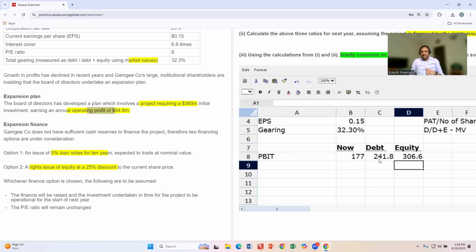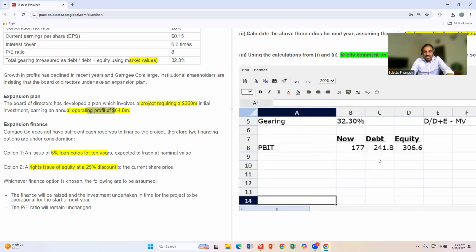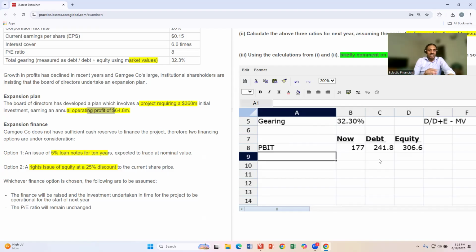It's very simple. Either the debt finance or the equity finance, PBIT will move in the same manner. But yes, debt versus equity, the things will move based on the financing. For example, the interest.